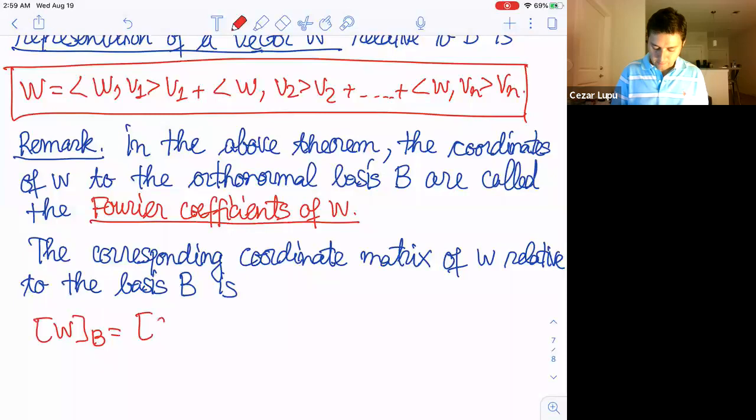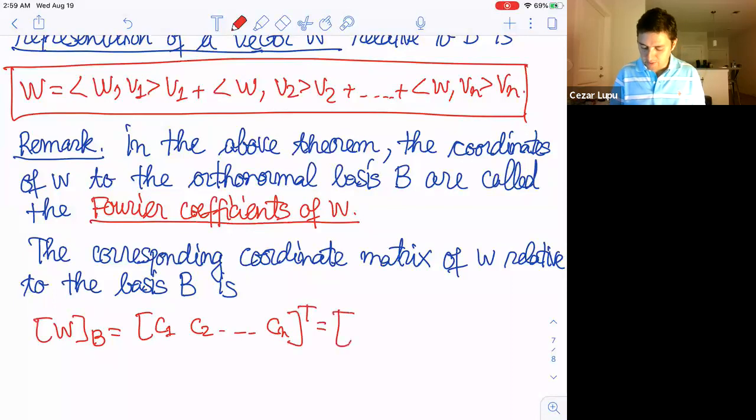This will be c1, c2, ..., cn, the transpose of this, which is this matrix. And this is actually called the Gram matrix, but anyway.